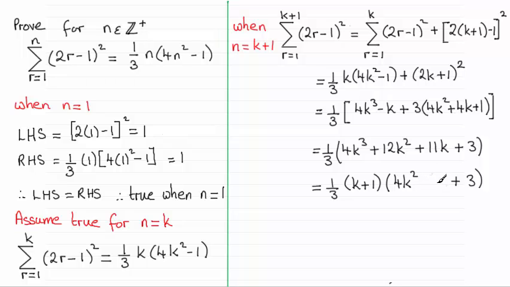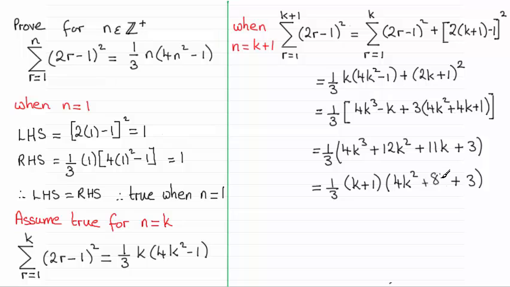We need to get the middle term here. It's going to be something times k. If I check, for instance, to get this 12k squared, then I know I'm going to have one lot of 4k squared here. That leaves me with another 8k squared. So I'm going to need to have the k here times 8k. 8k is the value that's got to go in there to make that come to 12k squared.